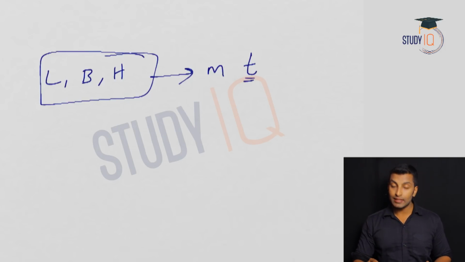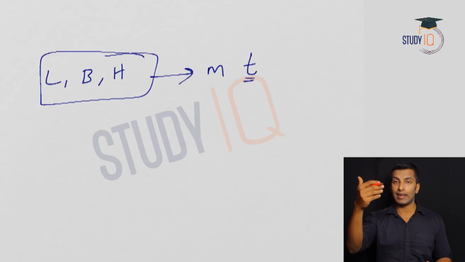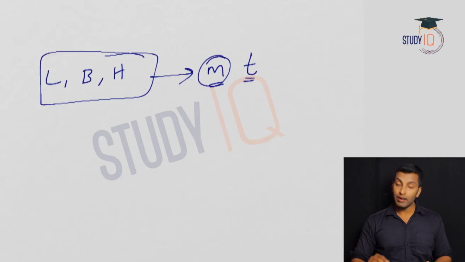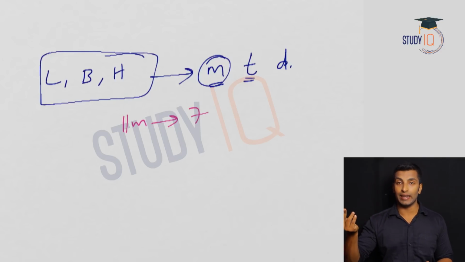That's what I mean by this T. Working time per day may be 8 hours, 10 hours, etc. Then the men involved is also given, and the number of days will also be given. In the previous cases they just tell you 11 men can finish a work in 7 days, and ask in how many days 7 men can finish.